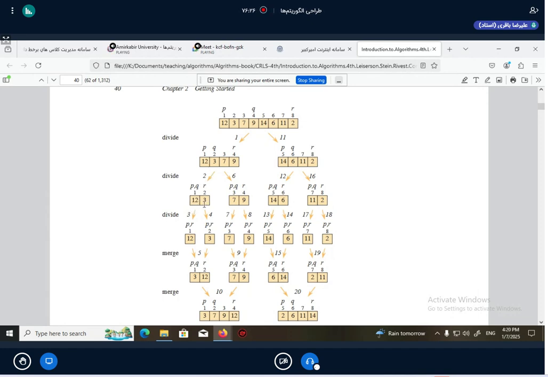The first part has the numbers 12 and 3. The second part has the numbers 7 and 9. Again, in the second step, we call merge sort recursively for each part.